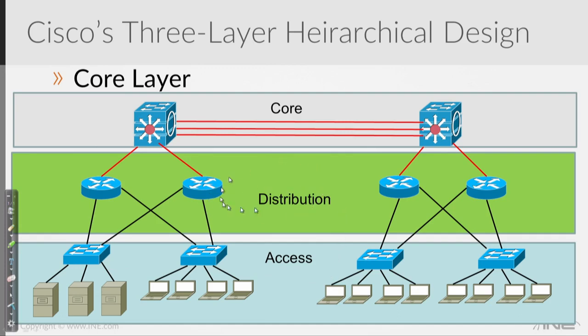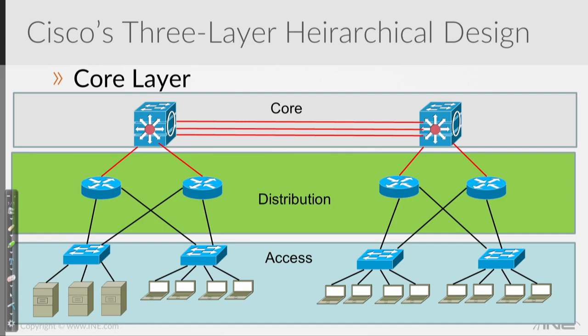Your distribution layer consists of network infrastructure devices that subdivide the network, that provide some security, that say this part of the network cannot communicate with that part of the network, or provide routing. Hey, I know multiple ways to get from building 1 to building 5 on our campus. Let me select what the best path is to get from building 1 to building 5.